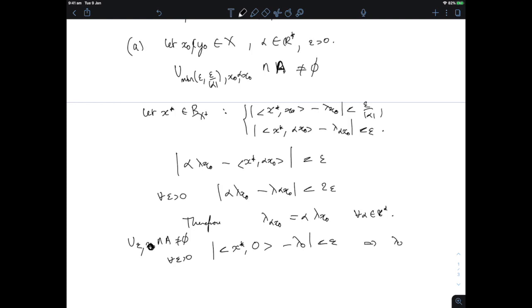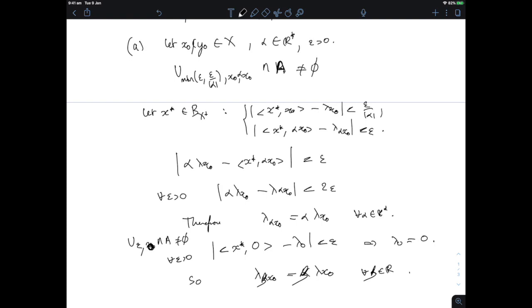So this implies that lambda naught has to be 0. So in particular, lambda of 0 times x naught has to be 0 times lambda of x naught. So we have lambda alpha x naught is equal to alpha lambda x naught for all alpha. Well, it's not quite alpha because our alpha was not 0, but for all beta in R.